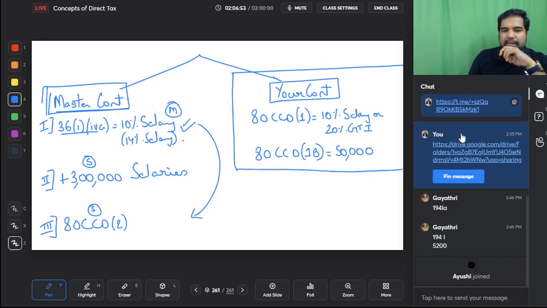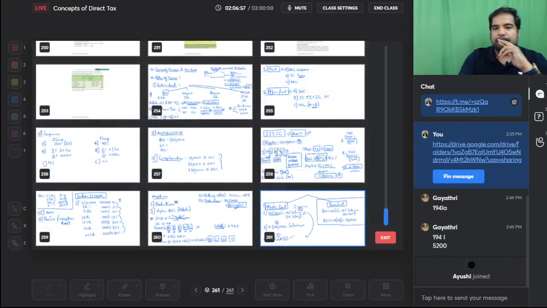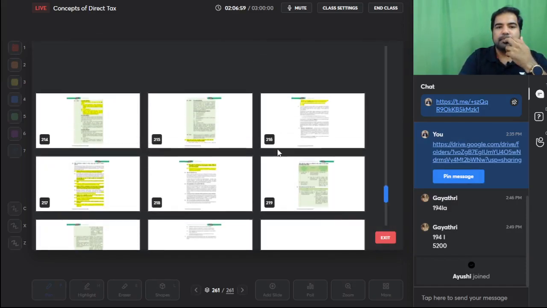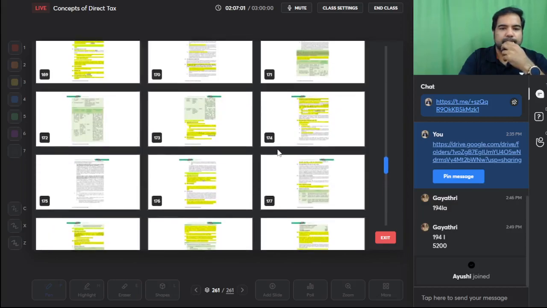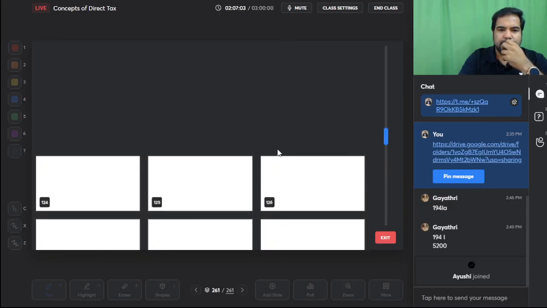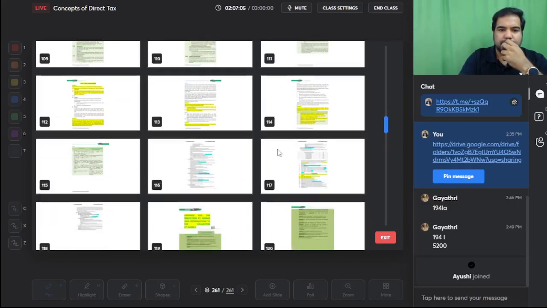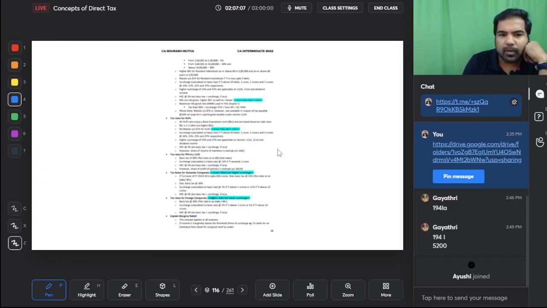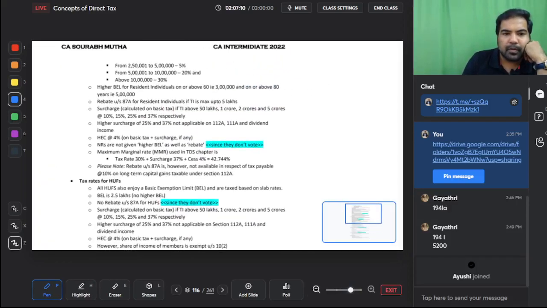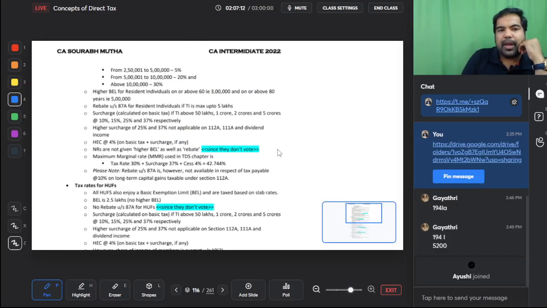Alright, just checking if there's anything else in computation of income. Okay, higher basic exemption limit for resident individuals, rebate, surcharge. Non-residents don't get higher basic exemption limit as well as rebate.